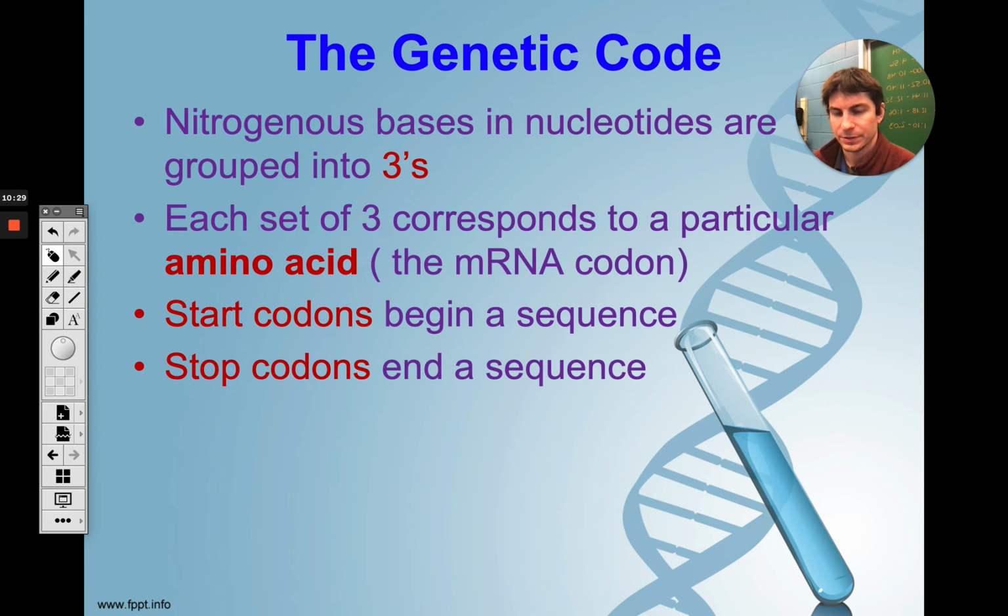And I put some stuff on Canvas for you guys so you can see what I mean by this, and we'll go over it in a little bit. But we're going to have things that start a sequence, and we're going to have things that stop a sequence. For mRNA, we are going to have start codons and stop codons, and all it is 3 base pairs at the beginning and 3 base pairs at the end. That's all these mean. So anytime you guys see codons, codons are talking about mRNA.